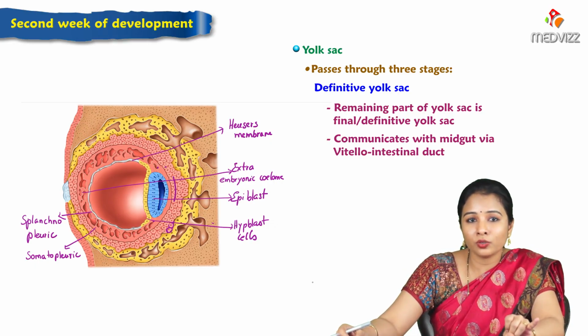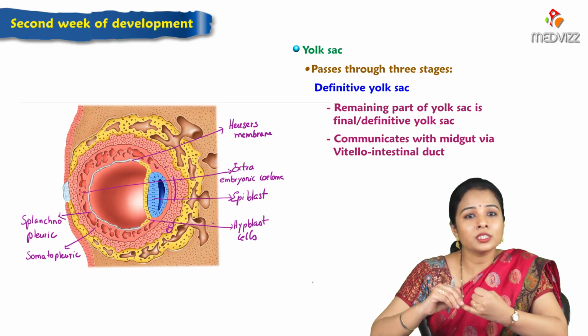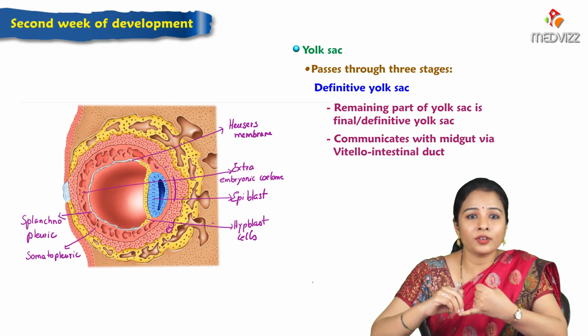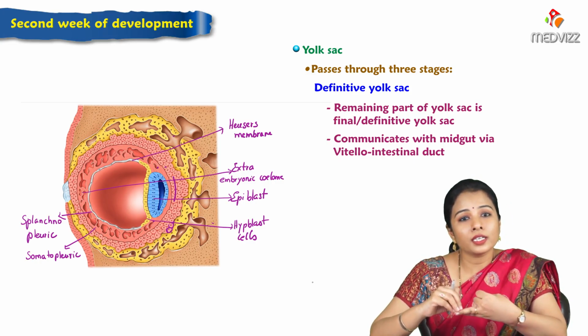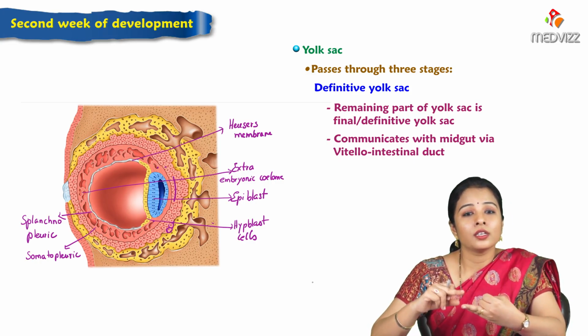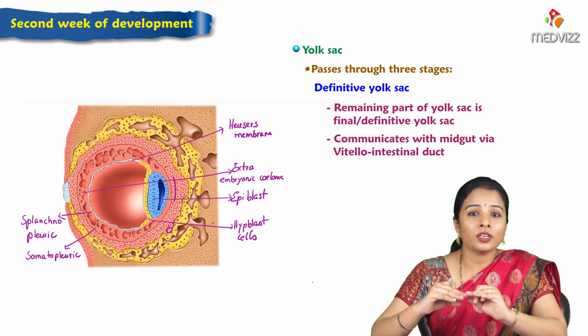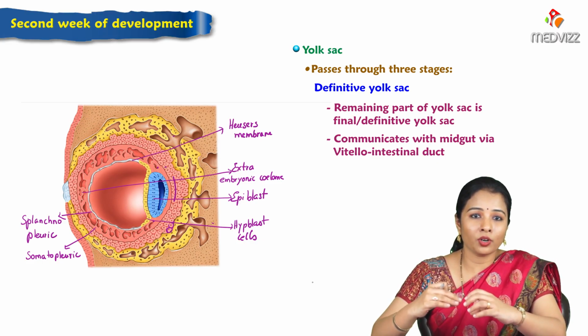One is the primary yolk sac. The primary yolk sac means it is lined by Heuser's membrane alone, which is derived from the hypoblast cells. The second stage is the secondary yolk sac. The secondary yolk sac, along with Heuser's membrane, is surrounded by extraembryonic mesoderm.